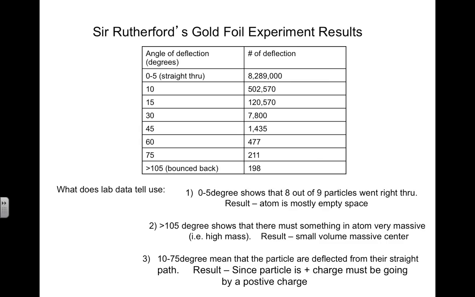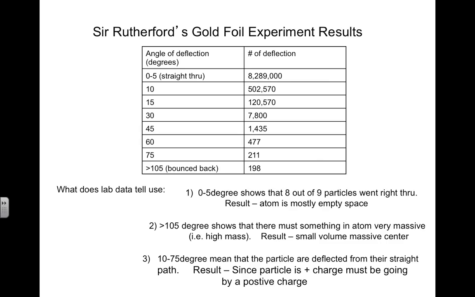So what he found was, if you look, that if you guesstimate 9 million hits, 8 million of them either have a 0 deflection or a 5 degree deflection, and he felt between 0 and 5 it was basically the same, which means it went straight through.